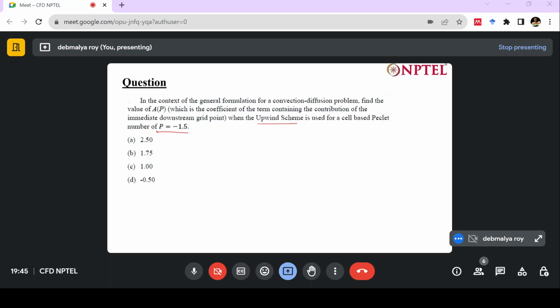What is an upwind scheme? The upwind scheme is basically what we use for the advection term. So let us write that down in the expression.